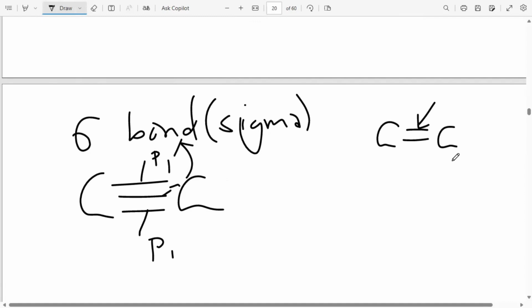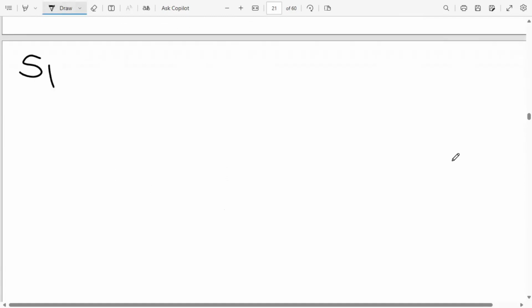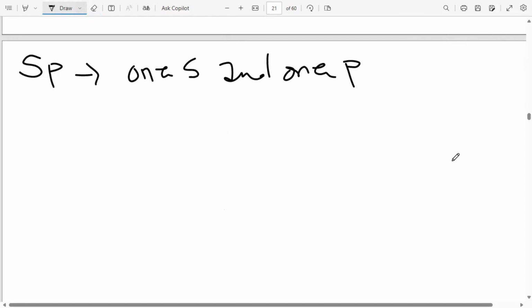Now, the more common types of hybridization that you are going to find, we have what we call the sp hybridization. And what does the sp hybridization involve? This one just involves the mixing of one s orbital and one p orbital.